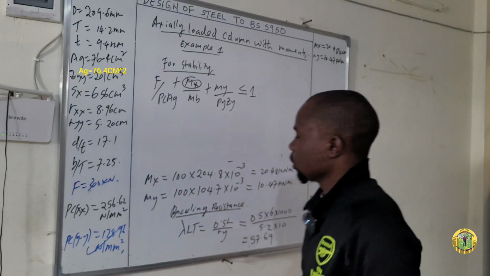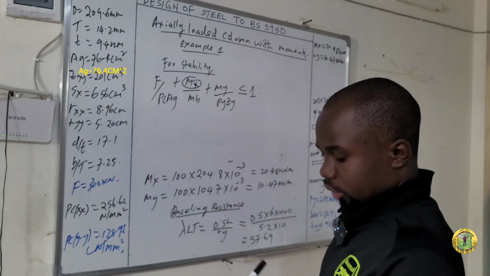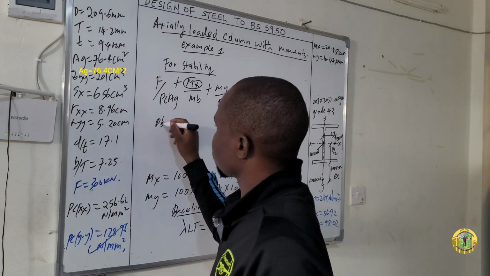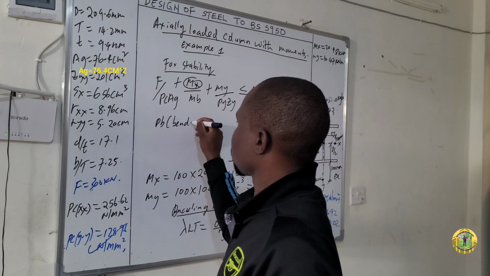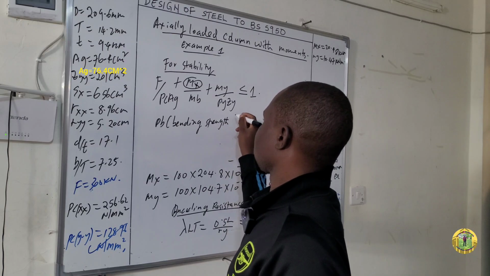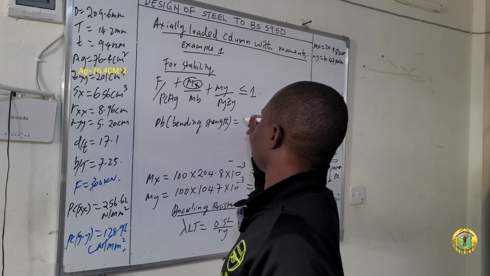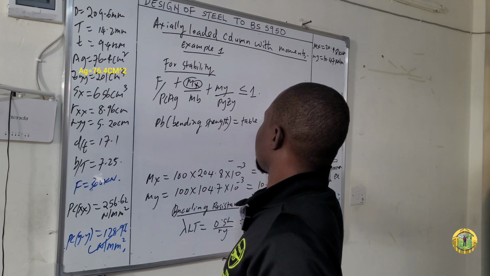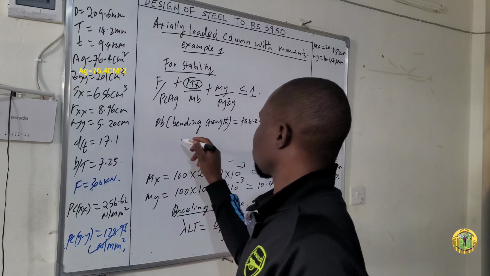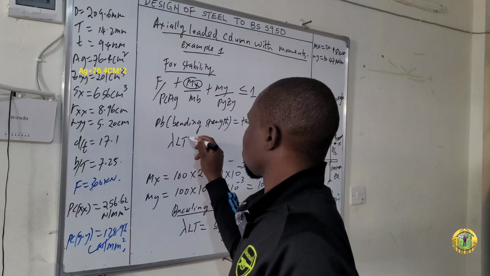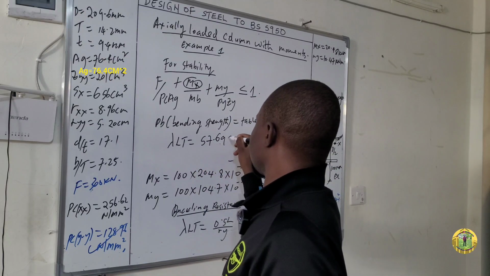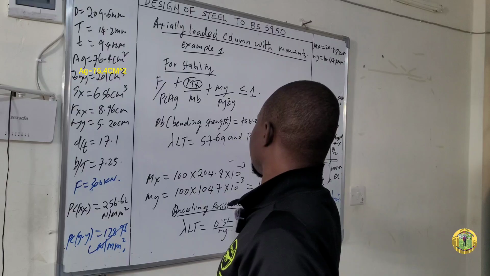So PB, which is the bending strength, is given in table 11 using the following, which is 57.69 and py.